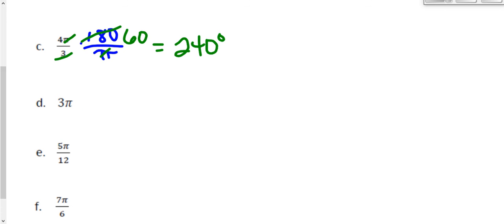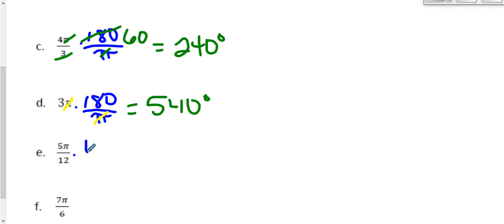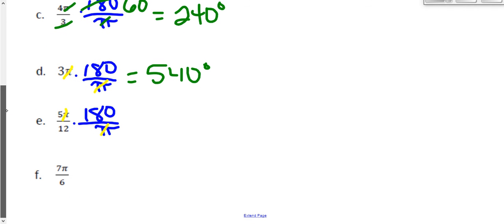3 pi, we're going to multiply that by 180 over pi. Again, my pi's will cancel, so all I have to do is 180 times 3, which is 540. Next, we'll multiply by 180 over pi. My pi's will cancel. We can do 180 divided by 12, which is going to be 15.